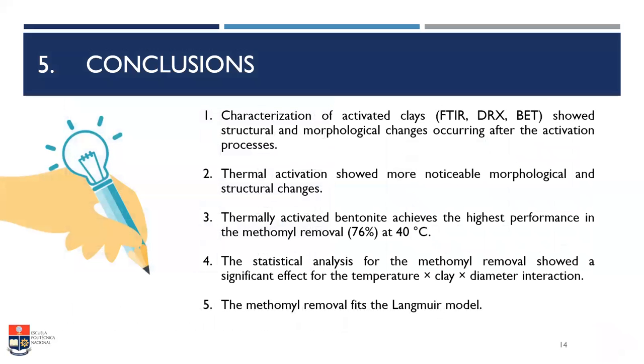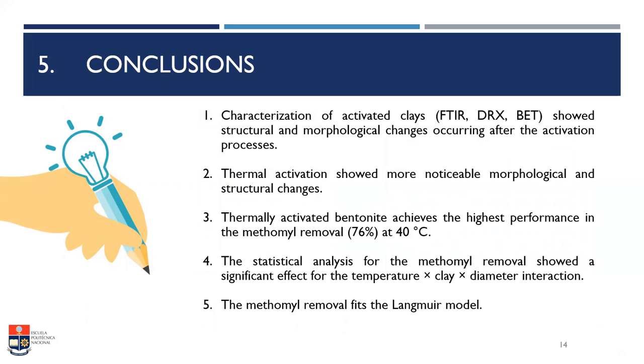So with these results, we were able to derive some conclusions. First of all, the characterization of the activated clays showed the structural and morphological changes occurring after the activation processes. And the thermal activation was particularly useful because it showed more noticeable changes, and it showed the highest performance in the Methomyl removal.